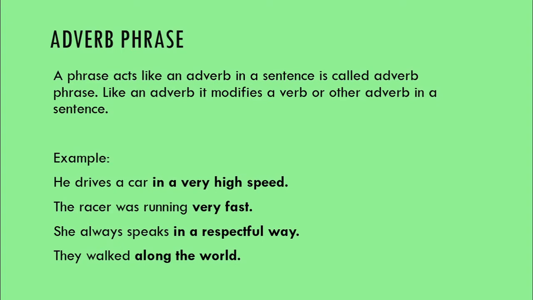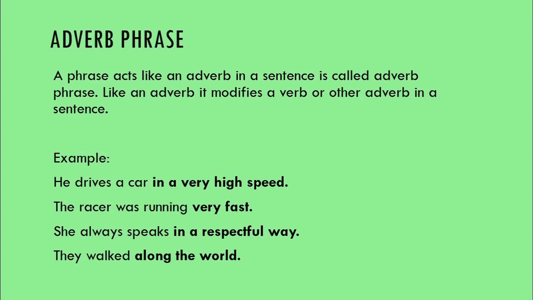So dear students, you know the definition of adverb. A word that modifies a verb or another adverb is called an adverb. Okay? So here, this small part of the sentence, in a very high speed, indicates an adverb.